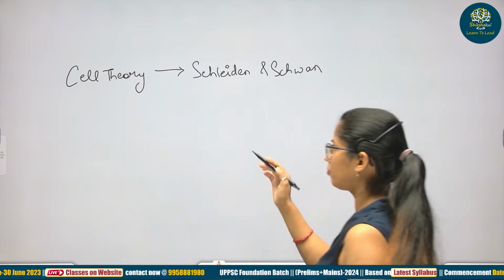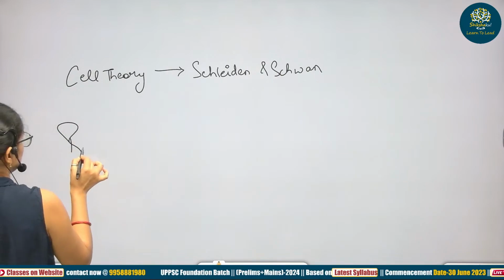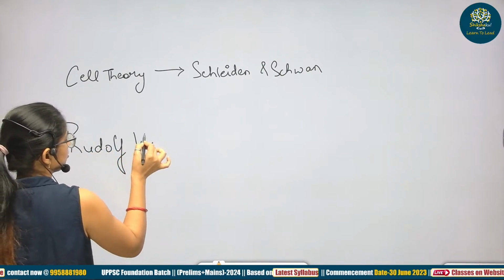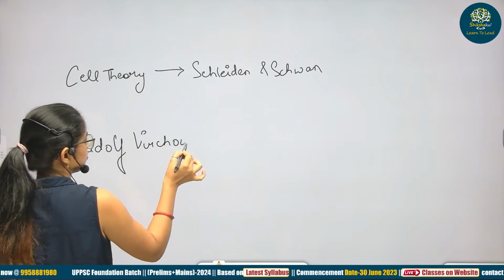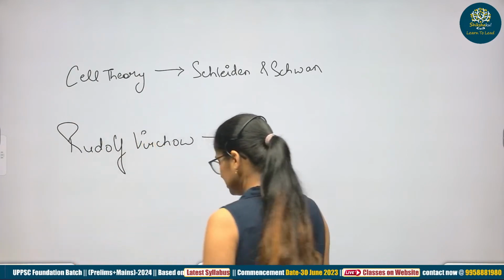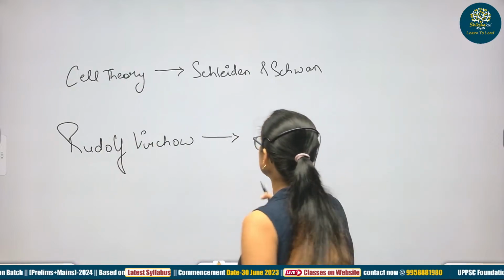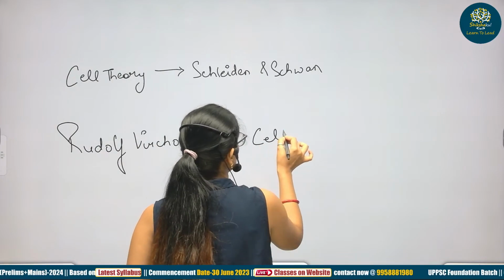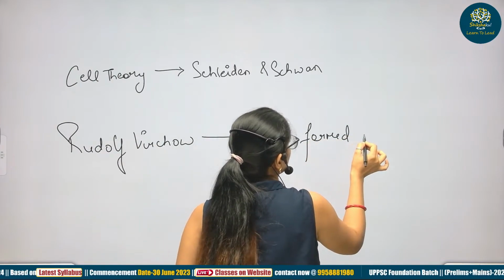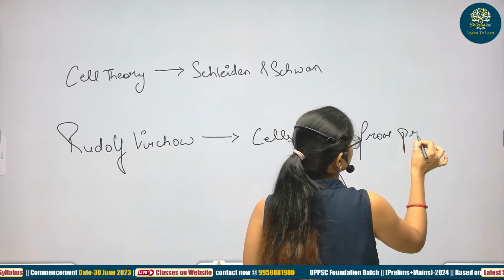Schleiden and Schwann proposed this cell theory, and Rudolf Virchow explained that the cells divide and new cells are formed from the pre-existing cells. Cells formed from the pre-existing cells.